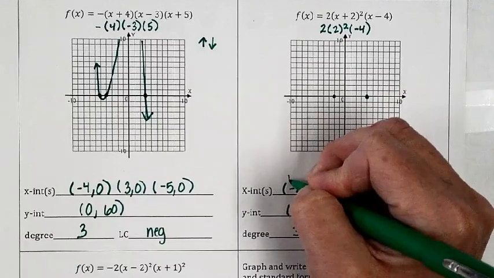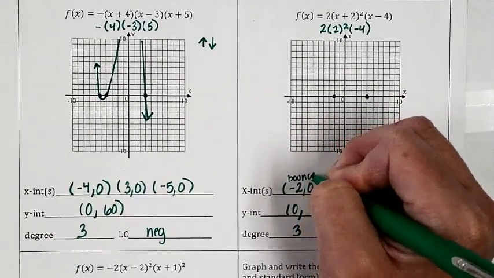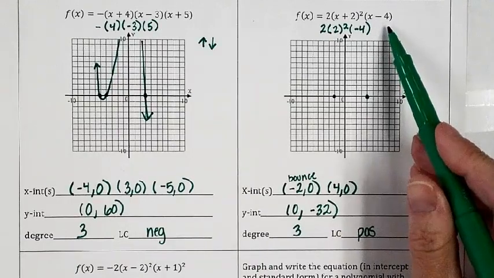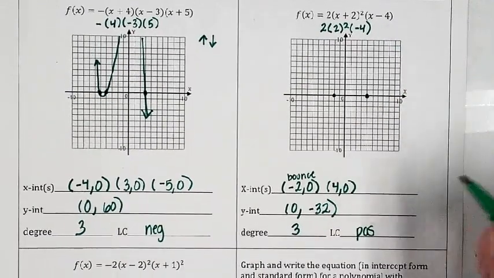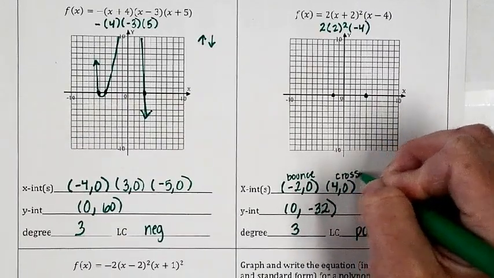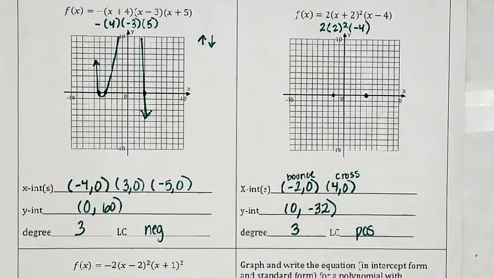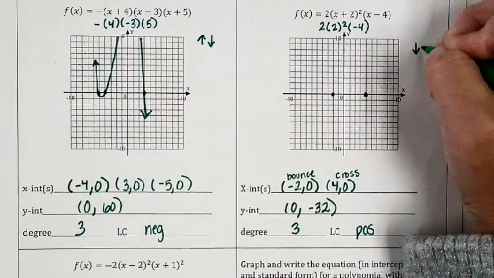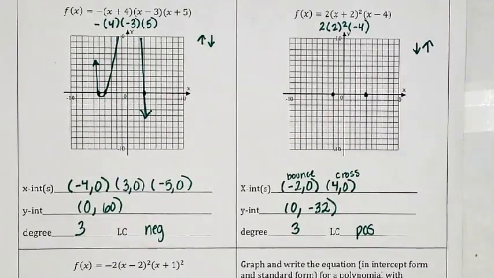So this is where we bounce. And at 4, 0, am I crossing, bouncing, or wiggling? Cross, because our exponent is 1. Now, end behavior: degree is 3, so odd, and leading coefficient is positive, so it's going to be down and then up.